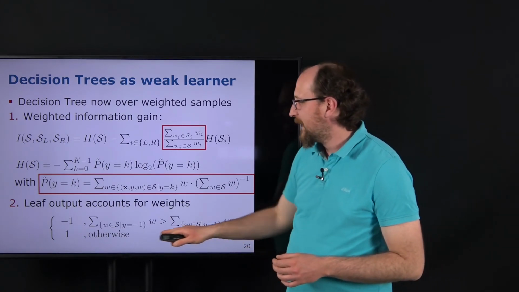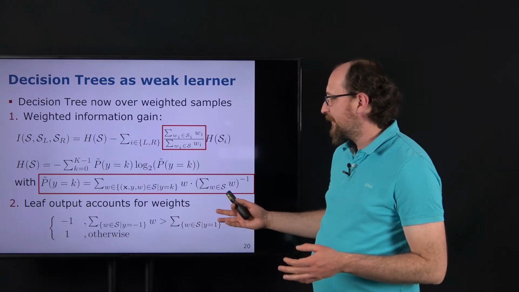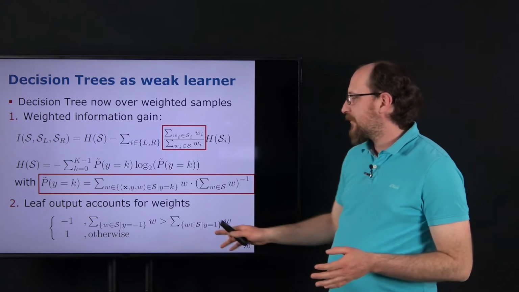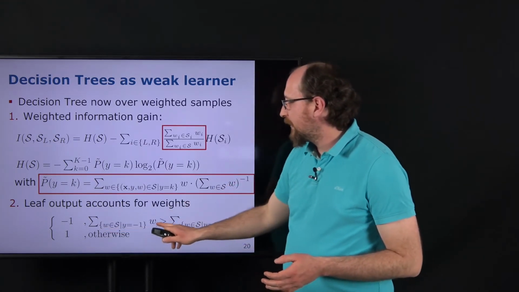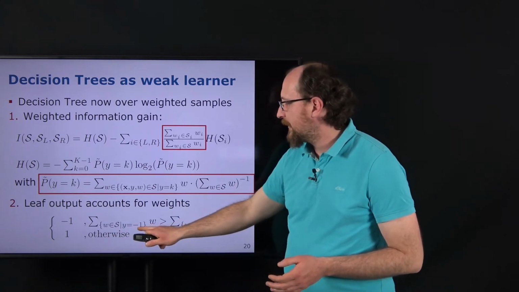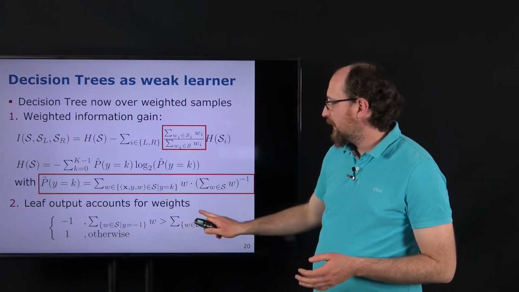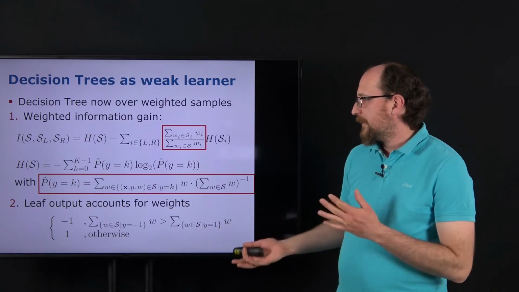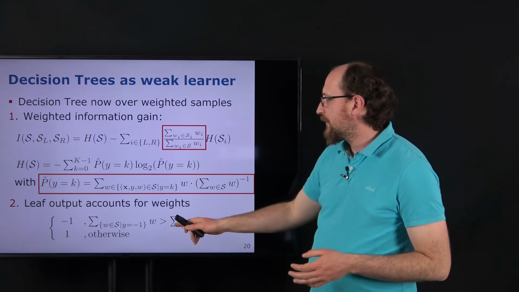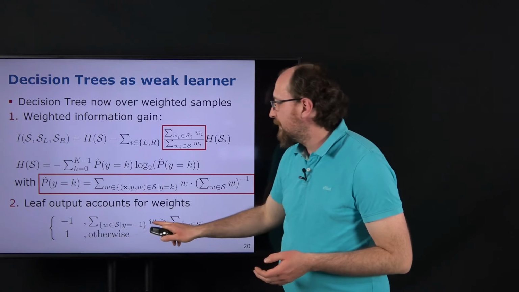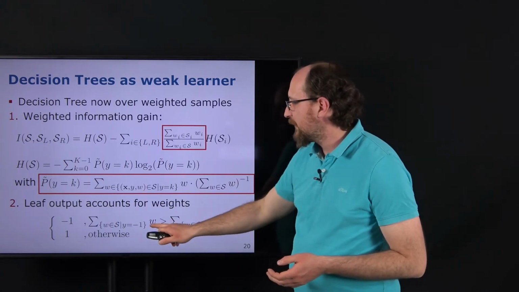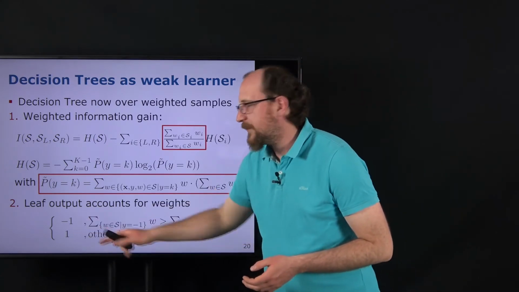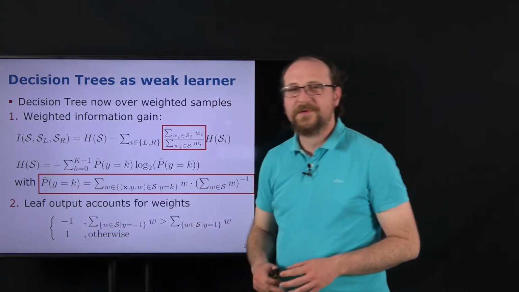So that means if the training examples are split and then reach some leaf, then we are just saying, okay, when the sum over the weights of the examples that have label -1 is larger than the sum over the weights for the examples that are 1, then we return -1, and otherwise we return 1.